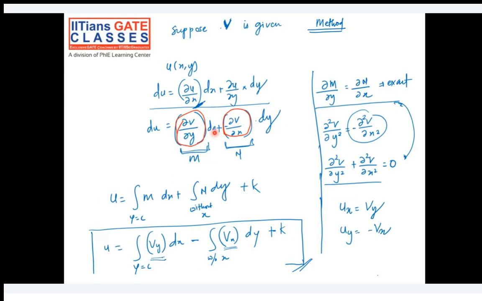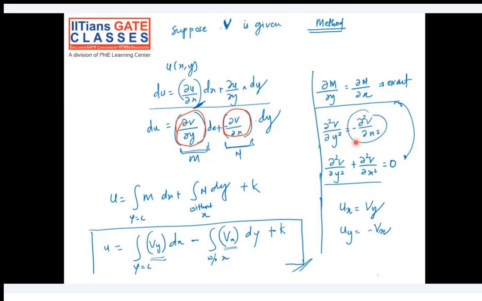M dx plus N dy kind of equation you can solve by the exact and non-exact method. And when we say the function is exact, the differentiation of M with respect to y is equal to the differentiation of N with respect to x. In other words, M is dou v by dou y, so dou 2v by dou y square should equal minus dou by dou x of N. N is minus dou v by dou x, so you can write it as minus dou 2v by dou x square.